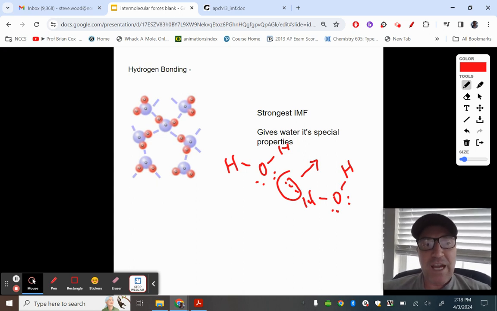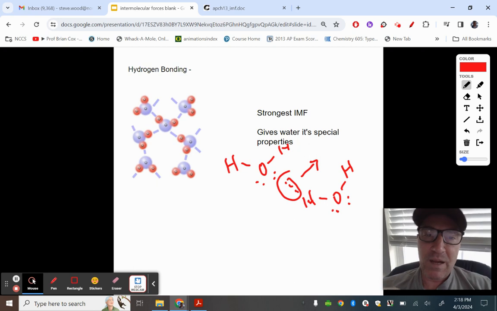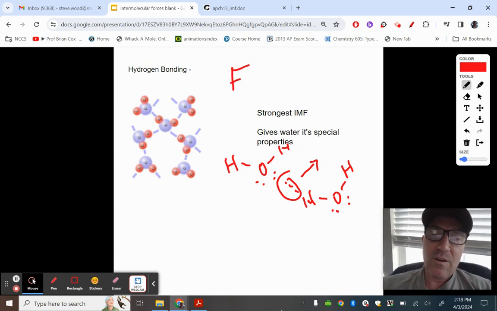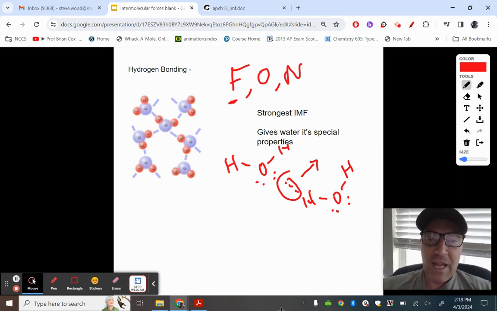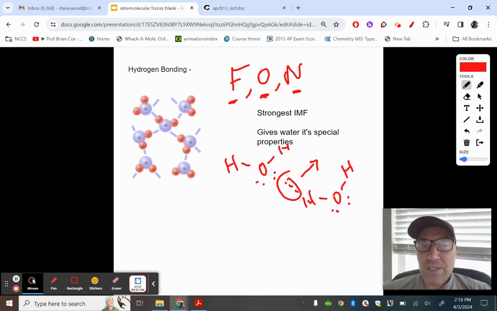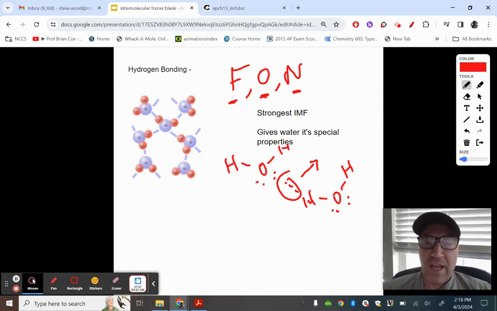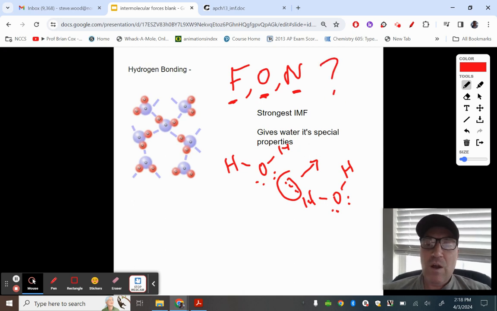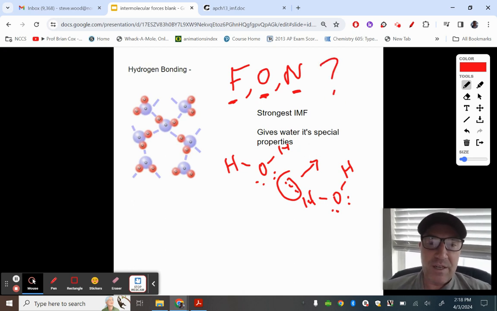Now, there's a special category for it to be hydrogen bonding. It has to be FON. What I mean by that is H has to be bonded with F, O, or N. Why these? It just has to do with electronegativity.